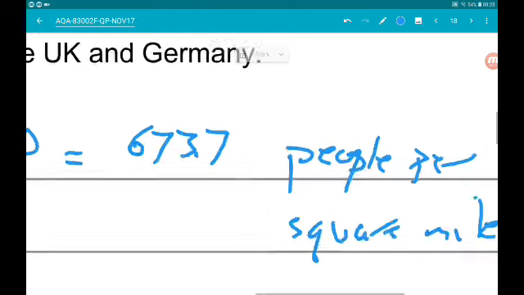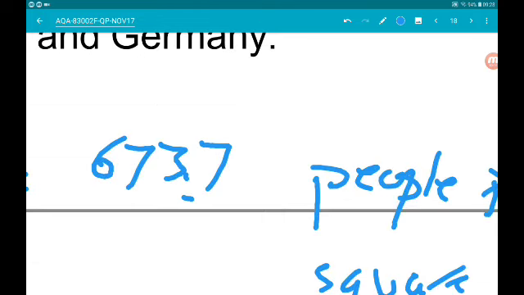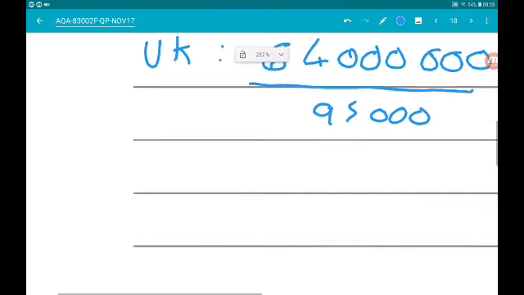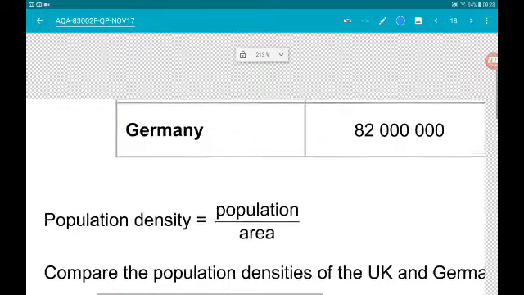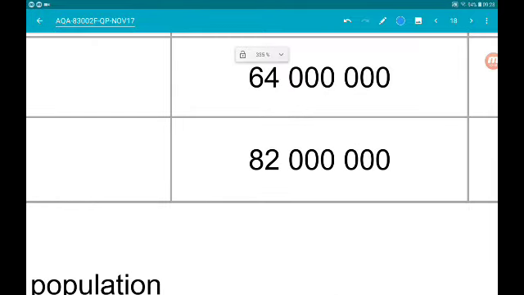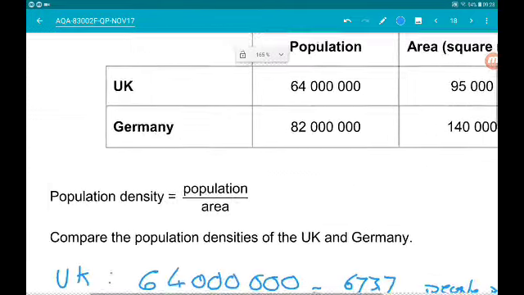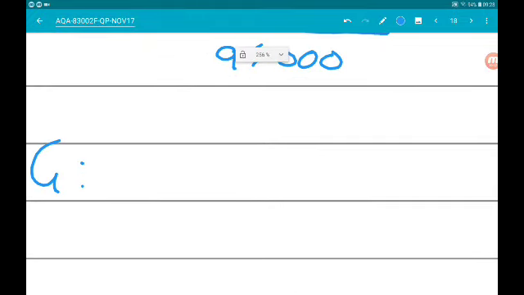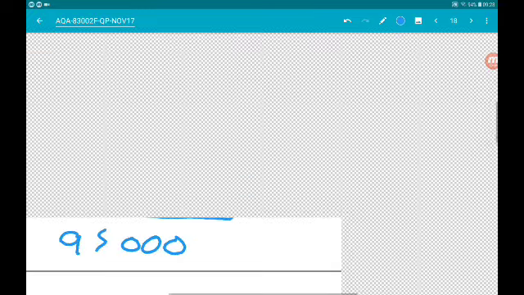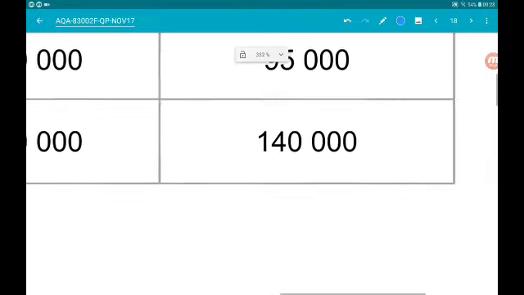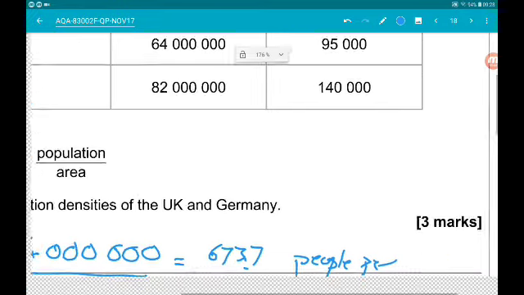Okay, and let's do the same for Germany. Just call it G. So we've got a population of 82 million, divided by an area of 140,000.